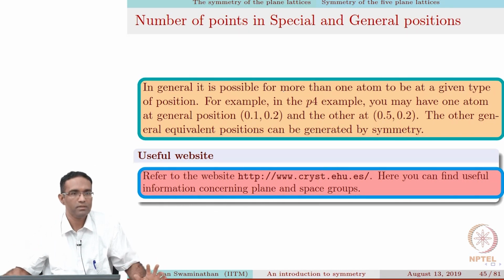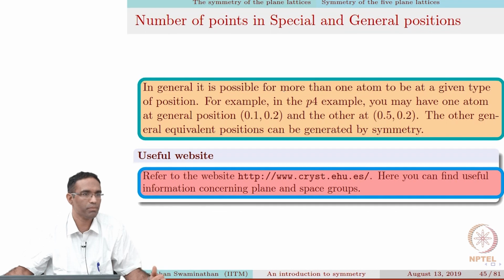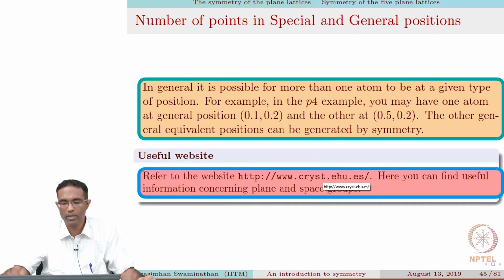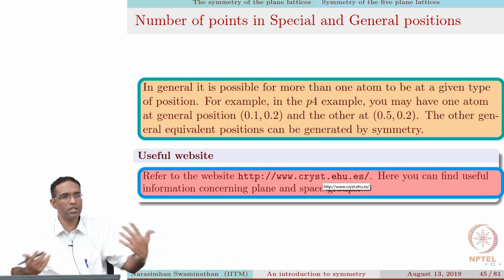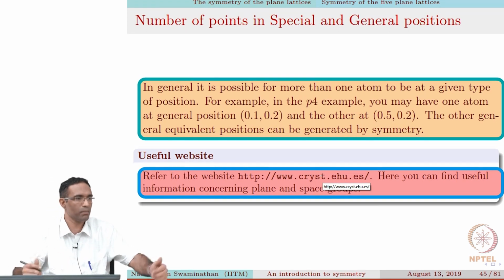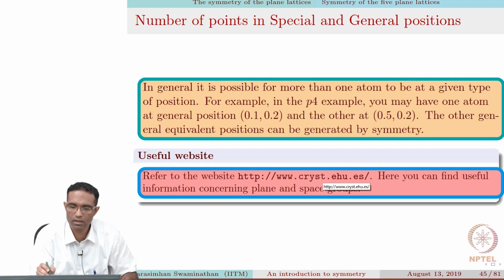Okay, but that is sometimes a cumbersome process depending upon the space group or the plane group that you are dealing with, and consequently people have already done this because it is just based on these matrix type operations. People have already done this and tabulated it in a nice form which you can look at. So the website that you can refer to is given right here. Okay, so I'm going to click on it and show you a little bit of that.